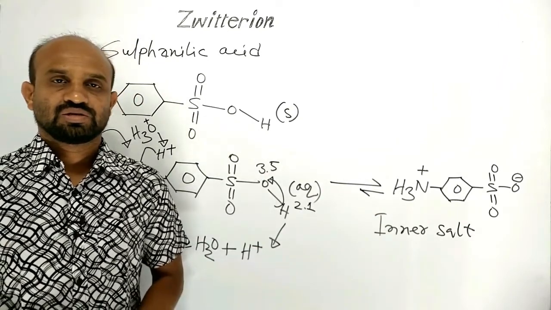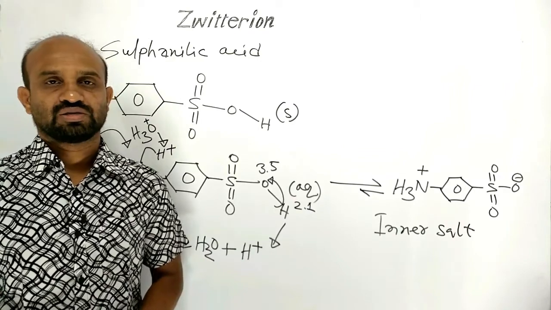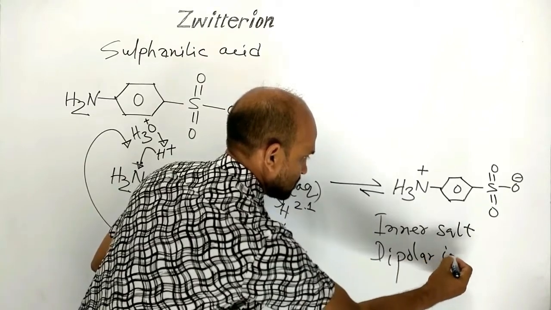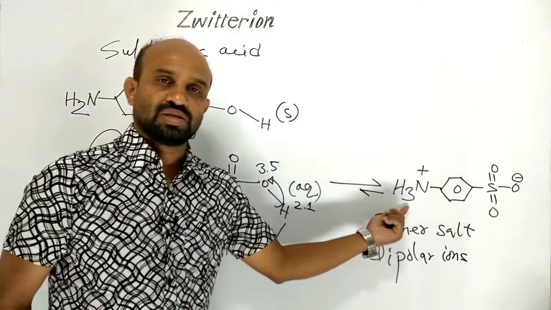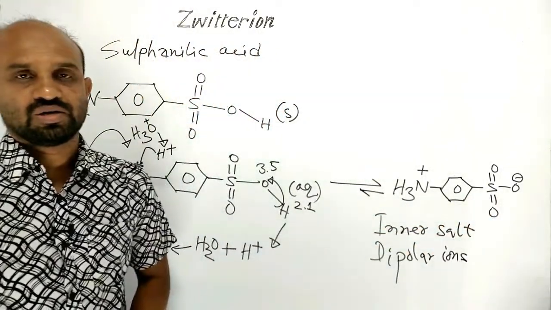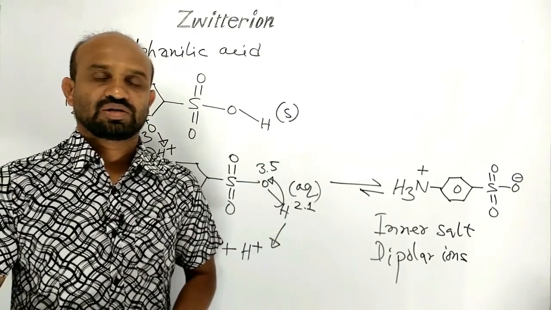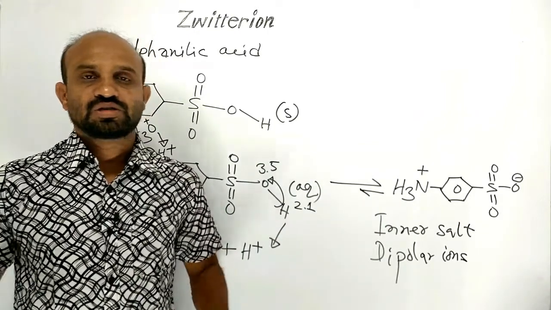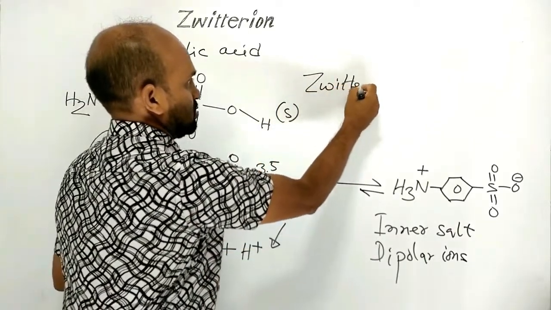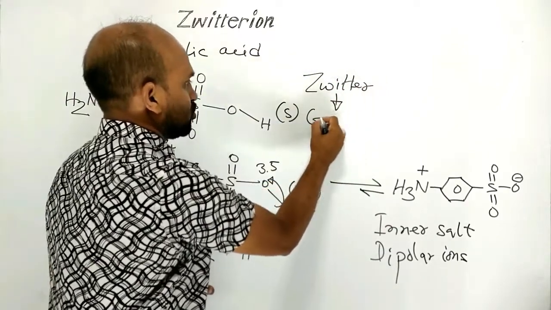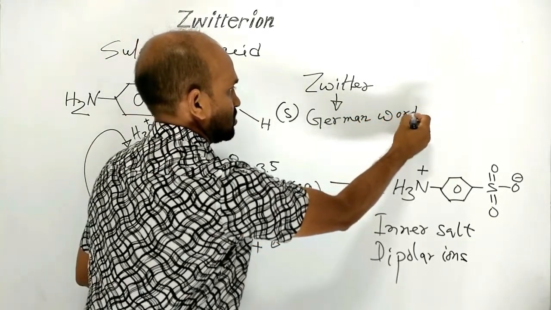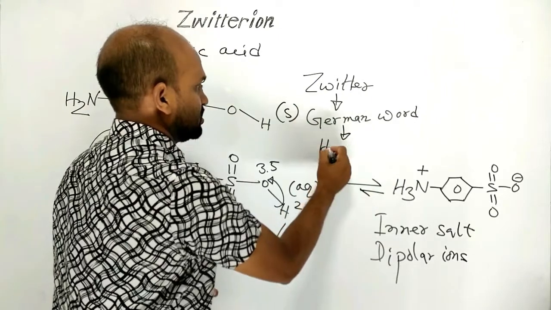At times, Zwitterions are referred to as dipolar ion. This is the positive pole, this is the negative pole. That is why sometimes this is called dipolar ion. The term Zwitter is a German word. Its meaning is hybrid.